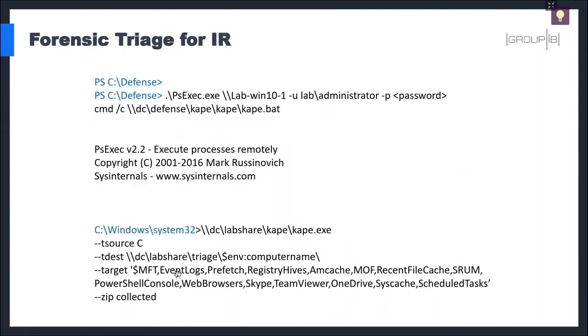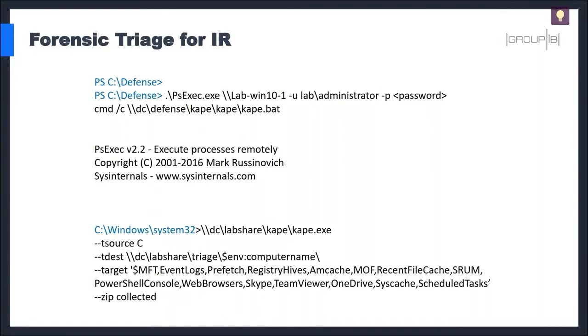Okay, the command, if you would like to analyze it, looks like in the slide. So we have PsExec, which works from the domain administrator with the password, and it launched CMD with the bat script. The contents of the bat script you can find on the slide. Here is CAPE.exe with the source of disk C, destination to the folder on the Windows share, and the targets.